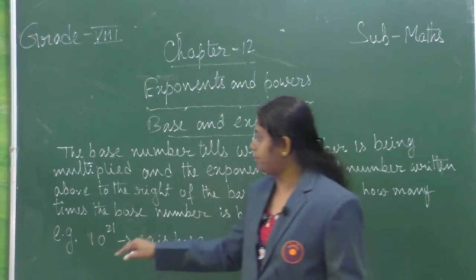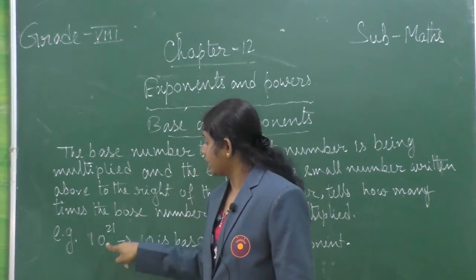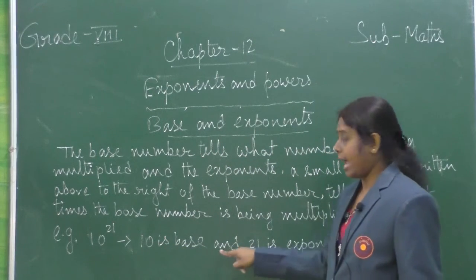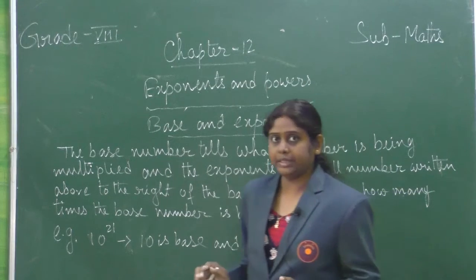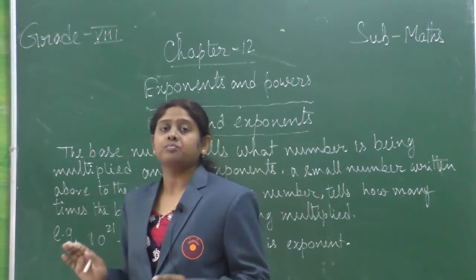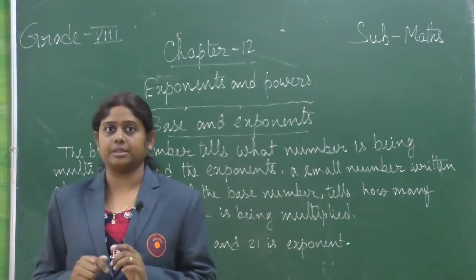Come to the example 10 to the power 21. Here 10 is the base and 21 is the exponent. That means the number 10 will be multiplied 21 times.